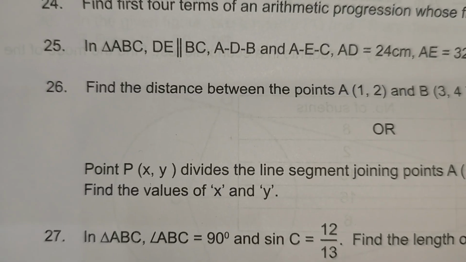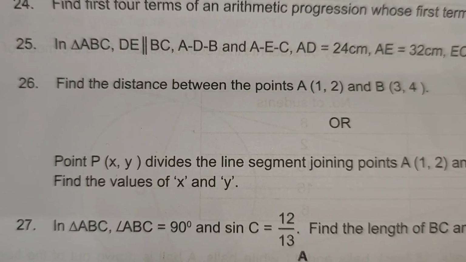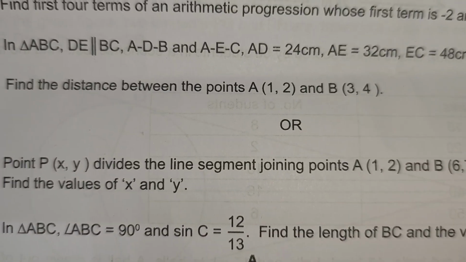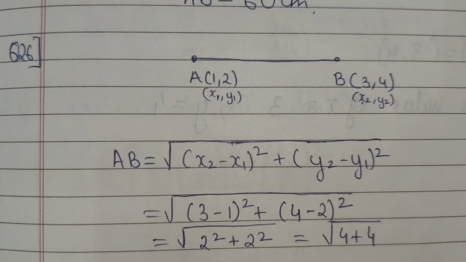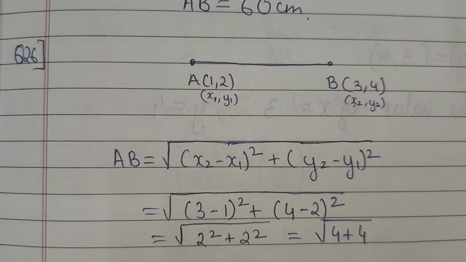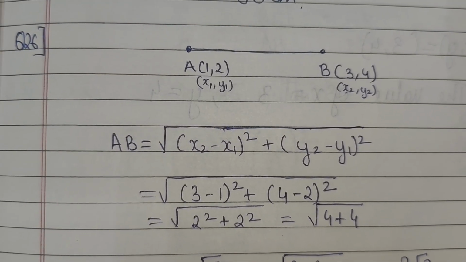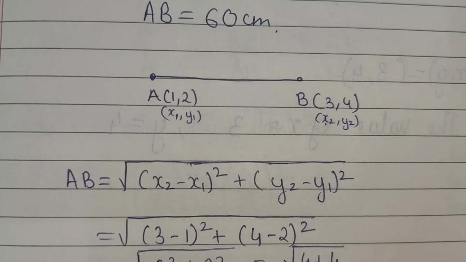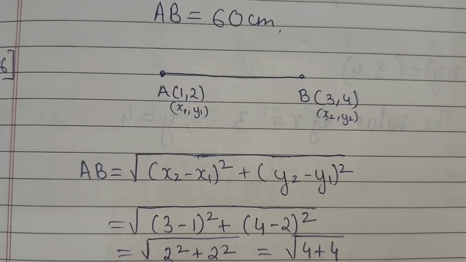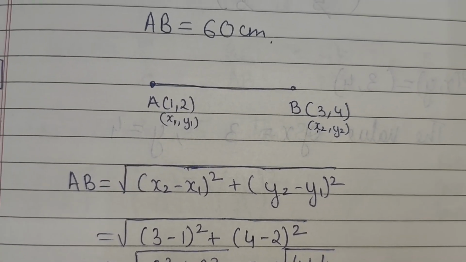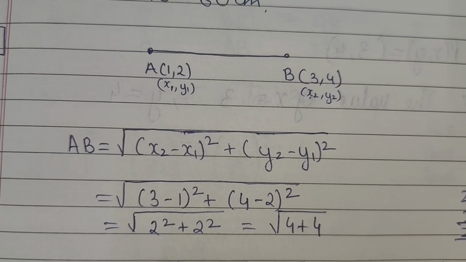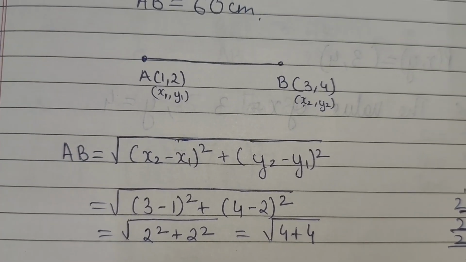Question number 26. Find the distance between the points A (1, 2) and B (3, 4). We need to find the distance. So AB is equal to root of (x2 minus x1) whole square plus (y2 minus y1) whole square. So x1 is 1 and x2 is 3, and y1 will be 2 and y2 will be 4.